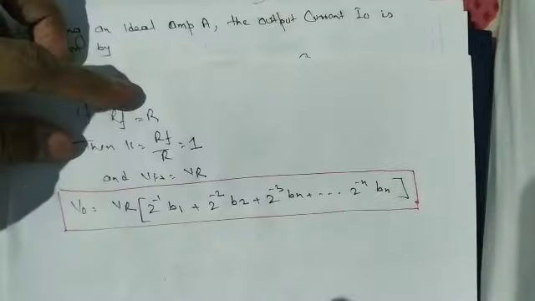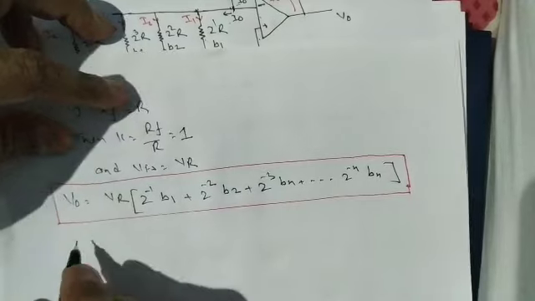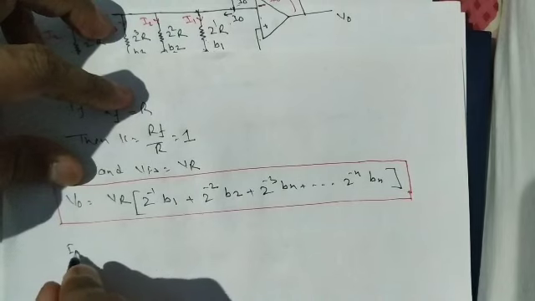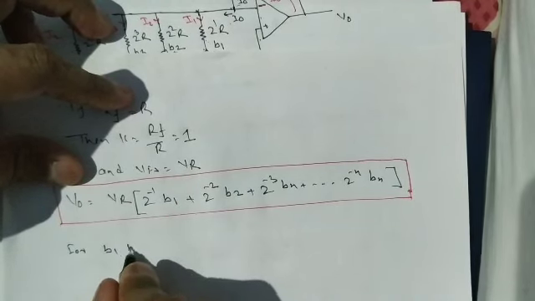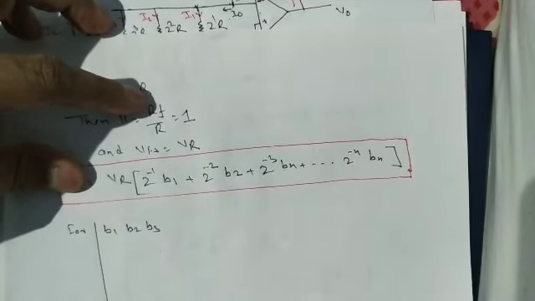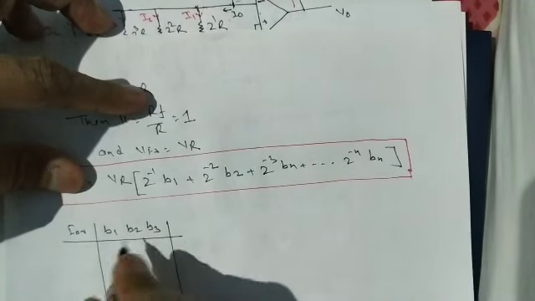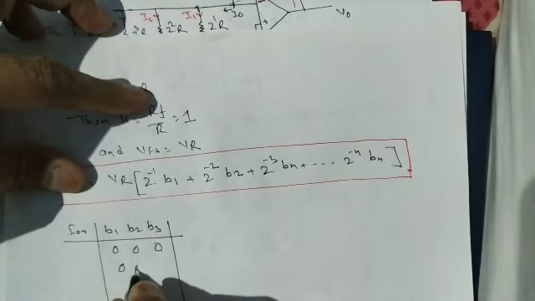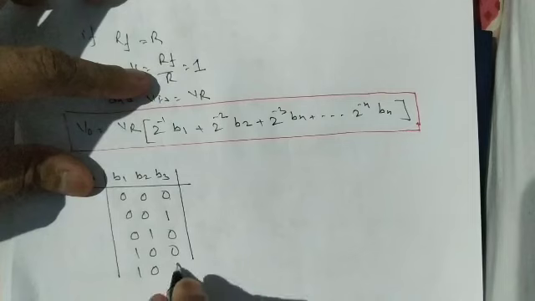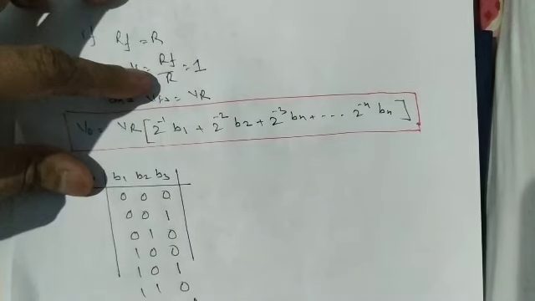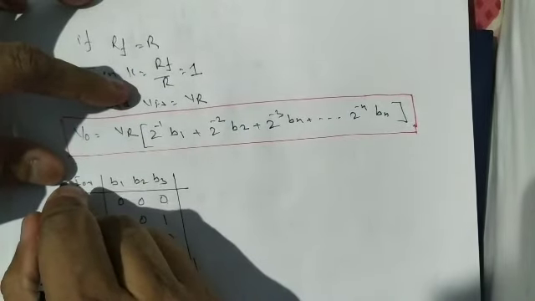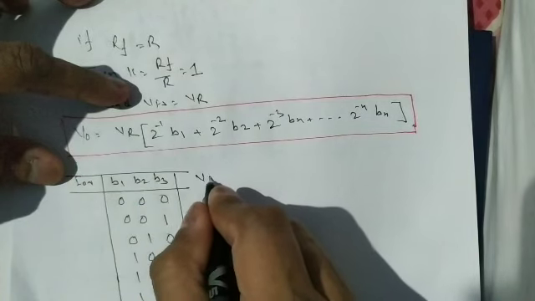Now let us take a simple example. Let us draw a circuit for 3 digital inputs B1, B2 and B3. So these are the different combinations and output. These are the inputs.